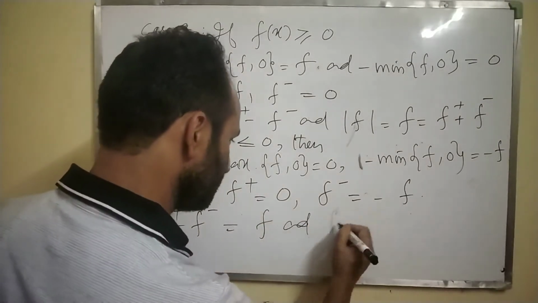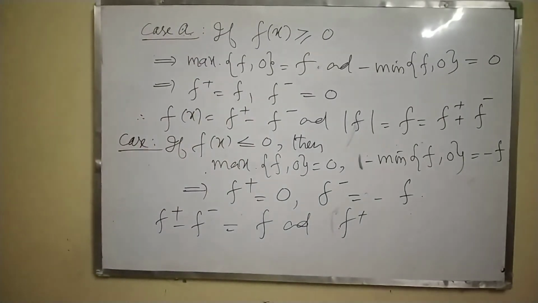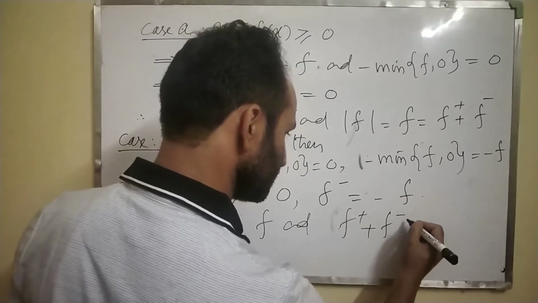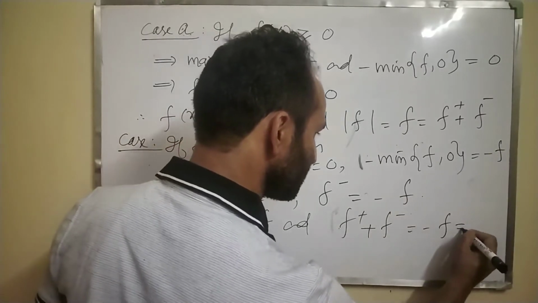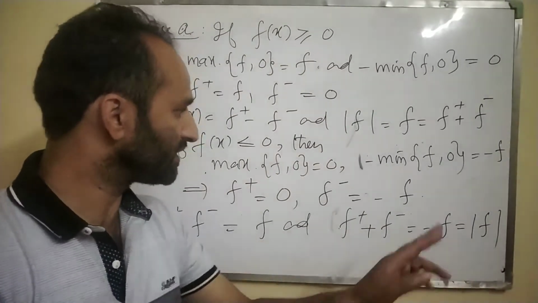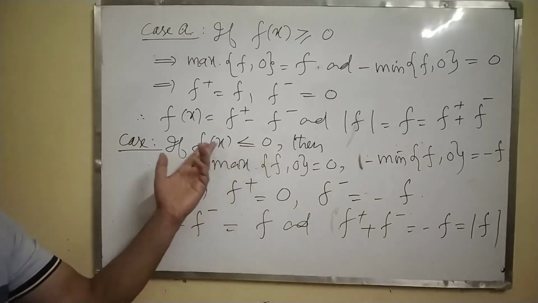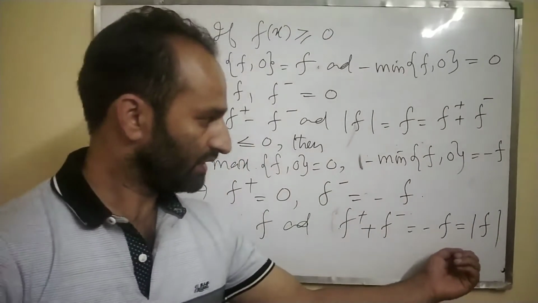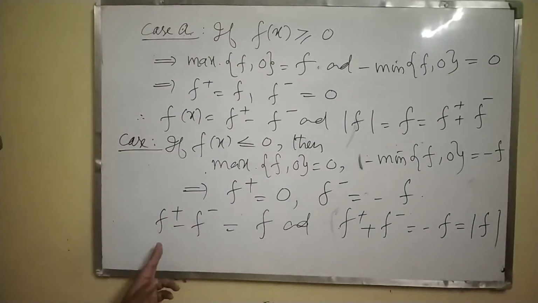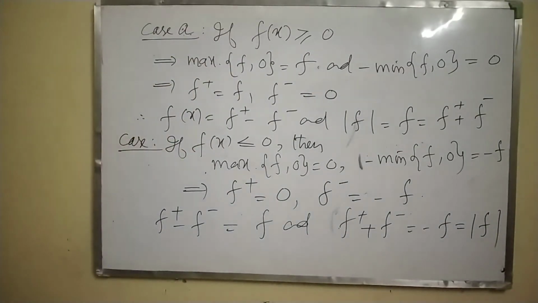And f plus f minus, that's equal to minus f, and it's equal to mod of f actually, because since f is negative, mod of f is equal to minus times f, as f is a non-negative real number, this x. So mod of f is equal to minus times f. So thus f is equal to f plus minus f minus, and mod of f is equal to f plus f minus.